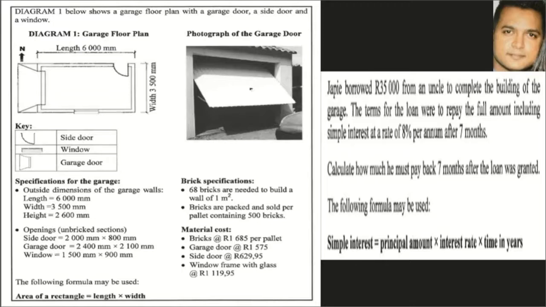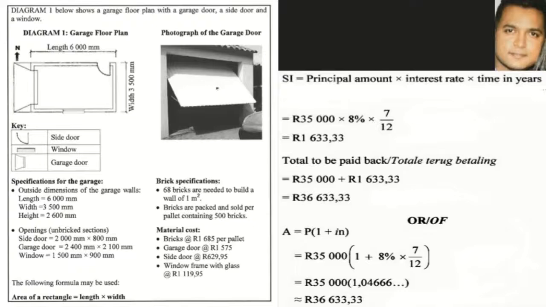And then lastly, we have time in years. Now, in the information given to you, you have 7 months. So there is a conversion that you need to do, taking the 7 months and making it into years. Substituting into the given formula, we see that the time in years is 7/12. Now when we multiply this through, we get 1,633,33.